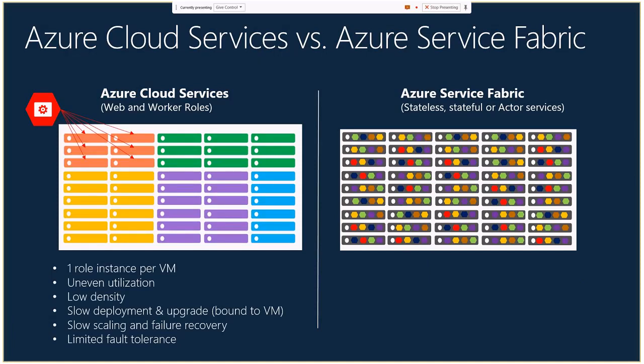So in Service Fabric, comparing that to the old approach in Azure Cloud Services, typically you would have web and worker roles based on your use case for your application, going back to the course management example. You might have a web role previously that simply displays all of your information.